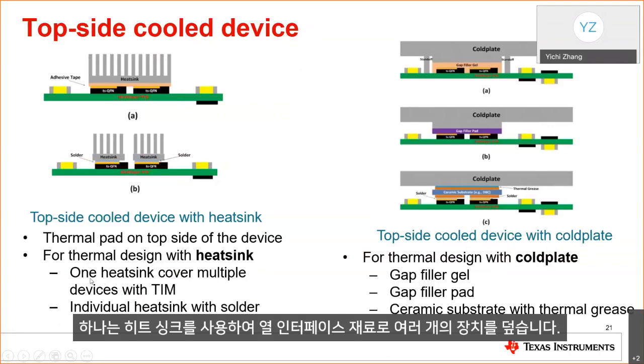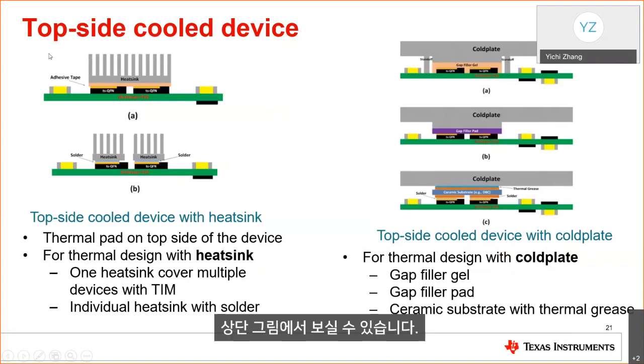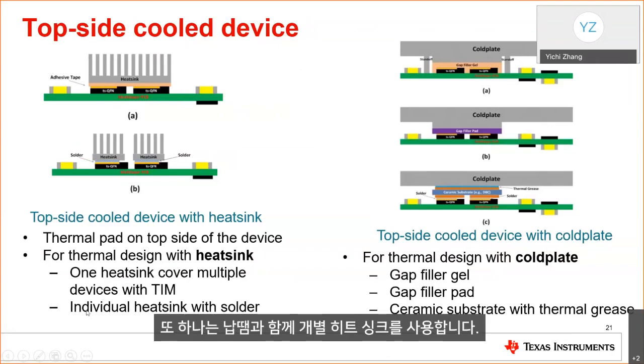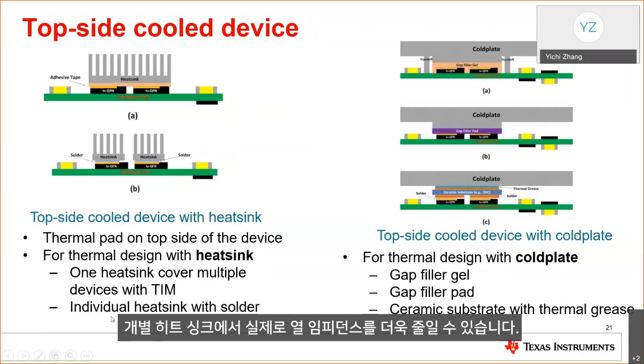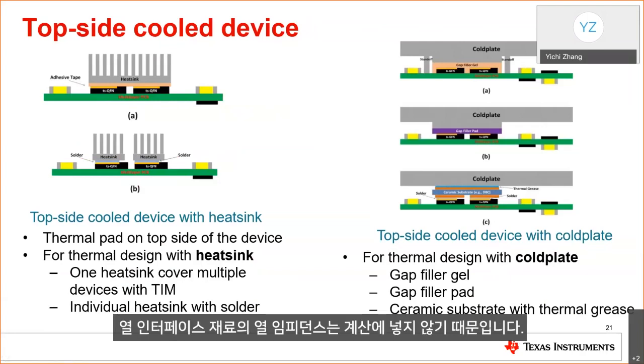One way is to use one heatsink to cover multiple devices with thermal interface material, as you can see in the top figure. And then there's another way of using an individual heatsink with solder, as you can see in the bottom. With the individual heatsink, you can further reduce the thermal impedance because you are not counting the thermal impedance from the thermal interface material.